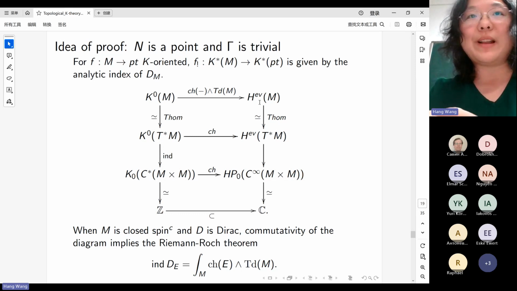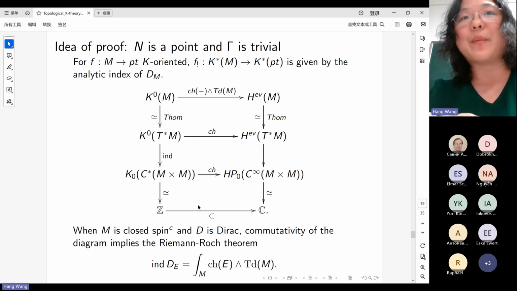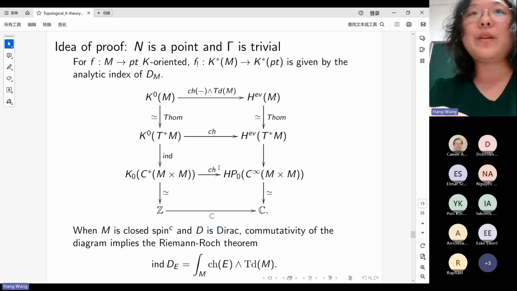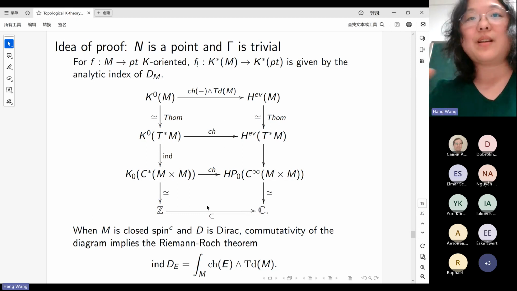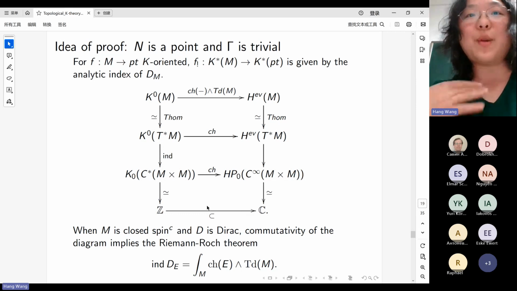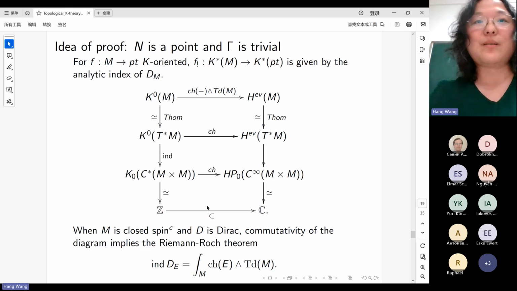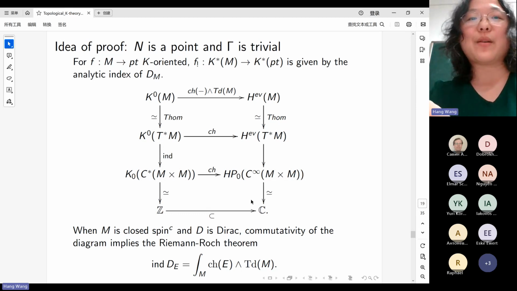And horizontally, one has the twisted Chern character map, and one just needs to show that each box here commutes, and one finally gets a commutative diagram.